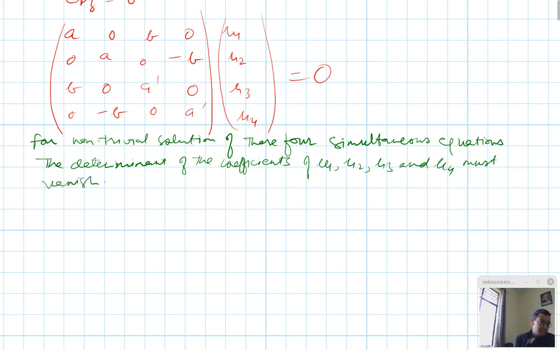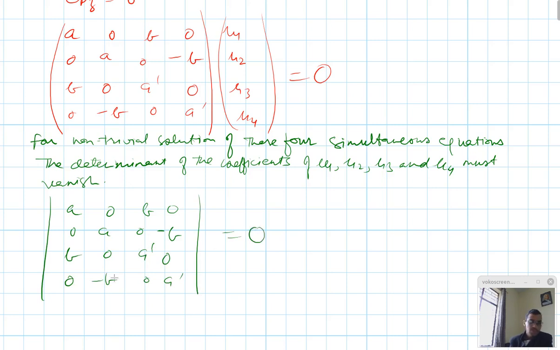That is, I can say that the determinant A 0 B 0, 0 A 0 minus B, B 0 A prime 0, 0 minus B 0 A prime, its determinant must be equal to 0.